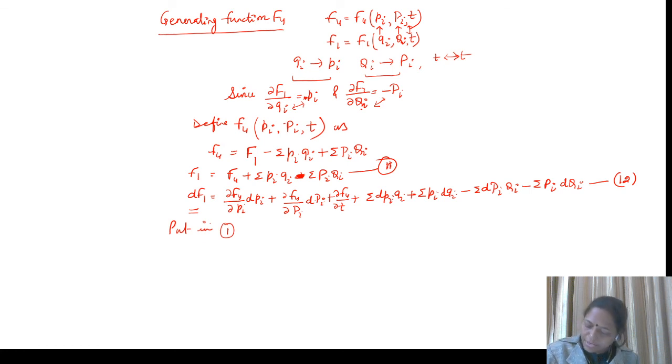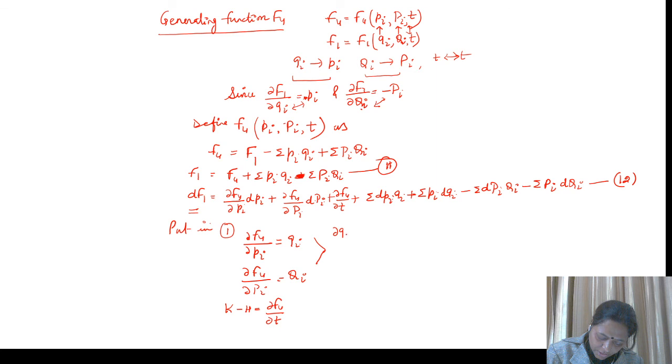For F4 you will get delta F4 by delta p_i is minus q_i, and delta F4 by delta capital P_i is Q_i. These will be the relations. Again, with the help of these two, you may get the Maxwell relation. This gives delta q_i by delta capital P_i is minus delta capital Q_i by delta p_i. This is the Maxwell relation.